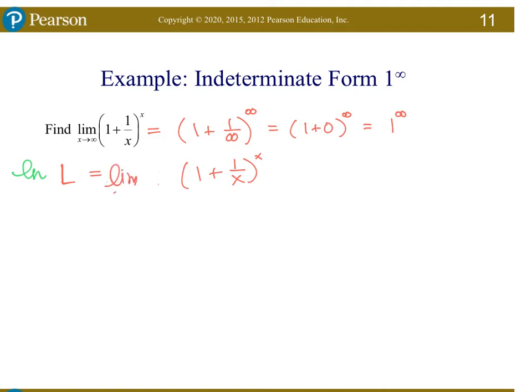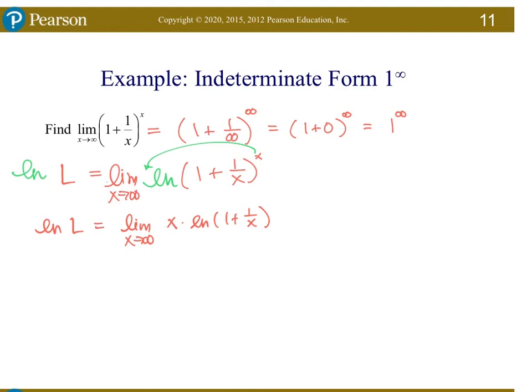My limit, and then my ln would go here. So that allows me to pull this x down in front. So we'll have the natural log of the limit, we'll have x times the ln of 1 plus 1 over x.